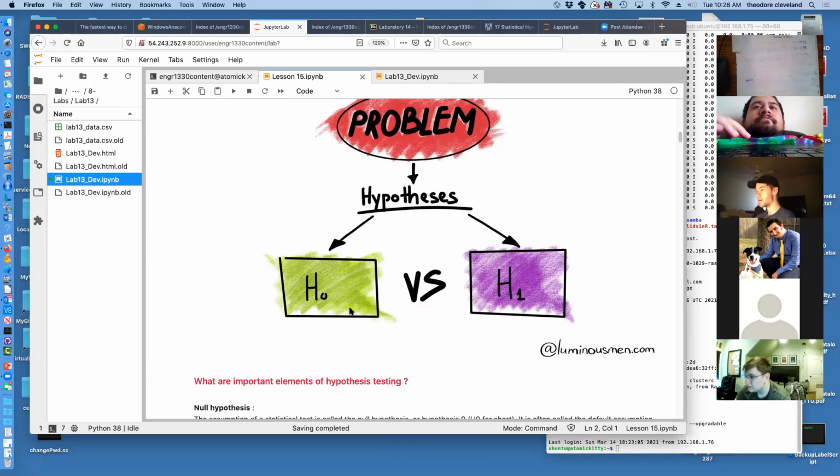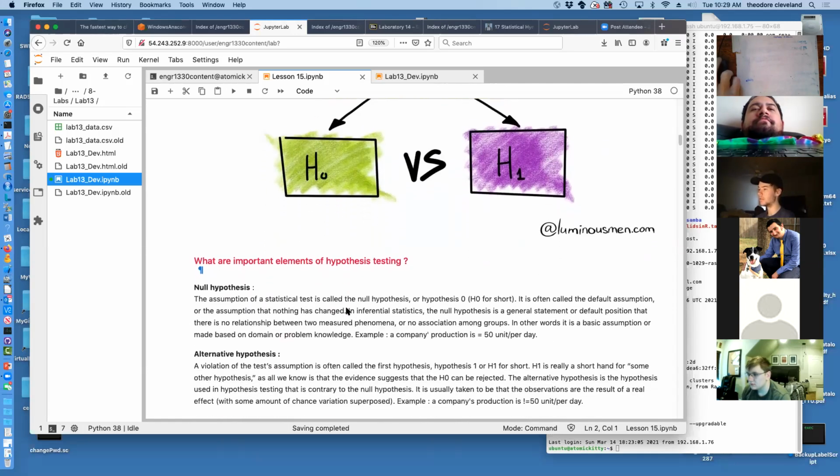An example of a null hypothesis is the difference in average height of boys and girls is 0. The alternative is the difference between average height of boys and girls is greater than 0. Boys are taller. That's what's meant by a null and an alternative and mutually exclusive. So 0, greater than 0, or we can actually get more fancy with it, but that gets us started.